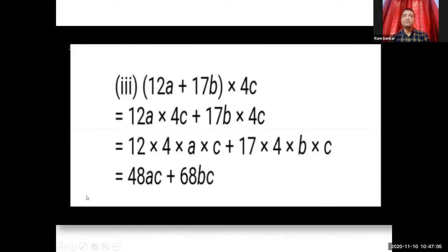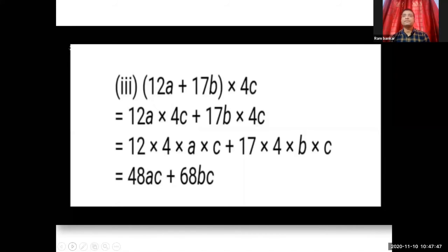Yes, you can. 12a plus 17b into 4c is equal to 12a into 4c plus 17b into 4c. 12 into 4 into a into c plus 17 into 4 into b into c is equal to 48 ac plus 68 bc. Okay, very good, beta. Nice reading. Okay, so the answer is 48 ac plus 68 bc. We have written b into c as it is because they are different variables.